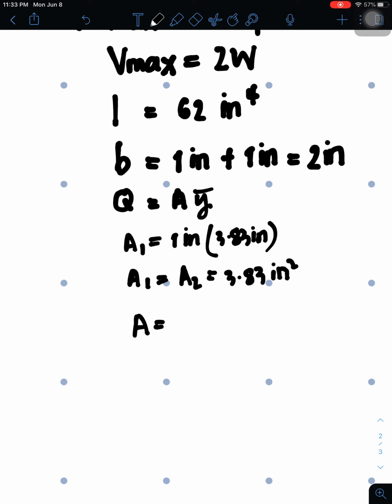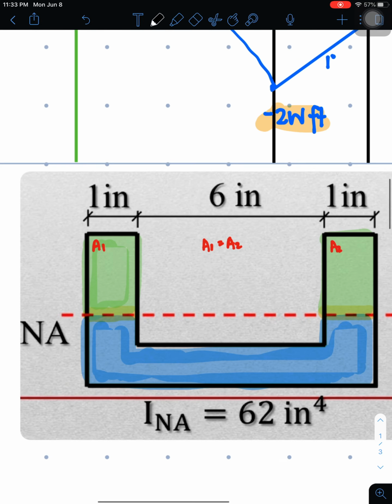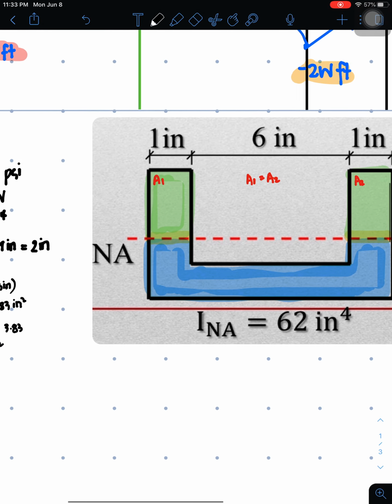So therefore the total area is 3.83 for area 1 and 3.83 for area 2, so the total area is 3.83 times 2, or 7.66 square inches. And what is the value of our barred y?